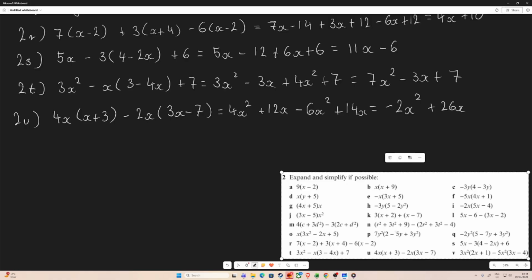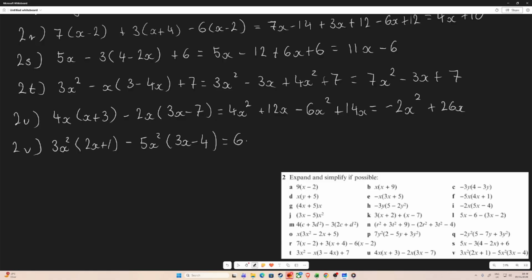And finally, to b, I have 3x squared into 2x plus 1 minus 5x squared into 3x minus 4. Let's expand first.